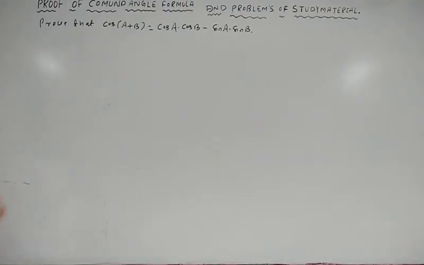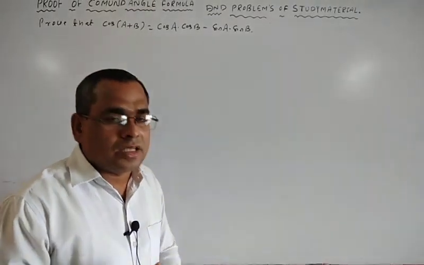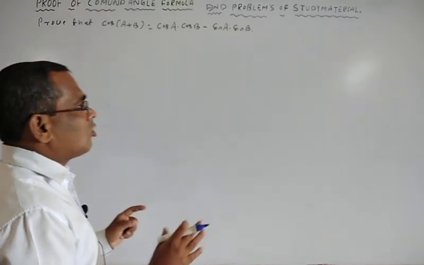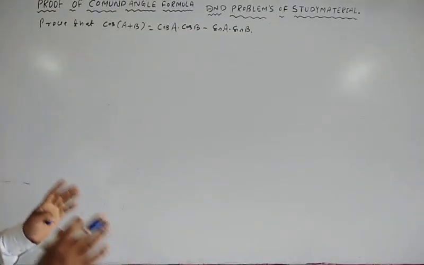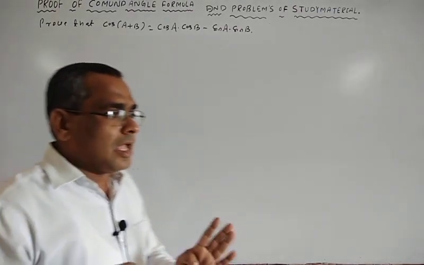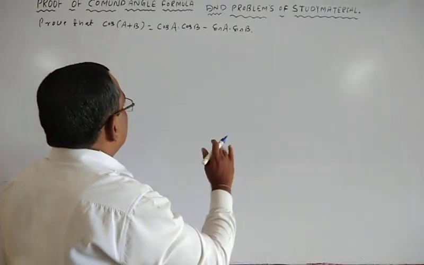First we take the unit circle, whose center is at origin and the diameter along the x-axis. So without loss of generality, we take a unit circle whose center is at origin and whose diameter is along the x-axis.